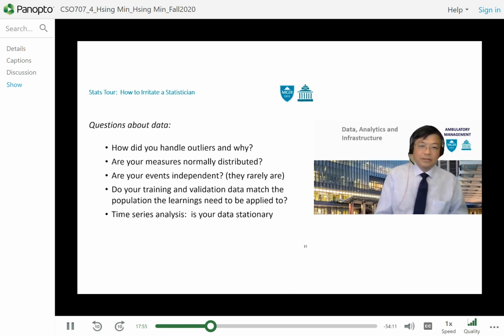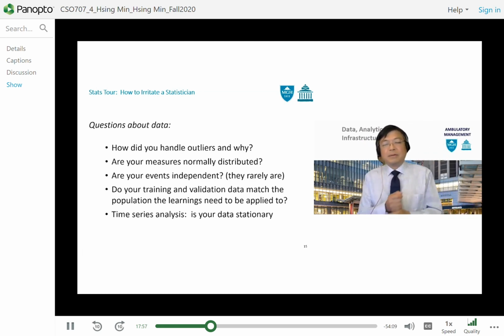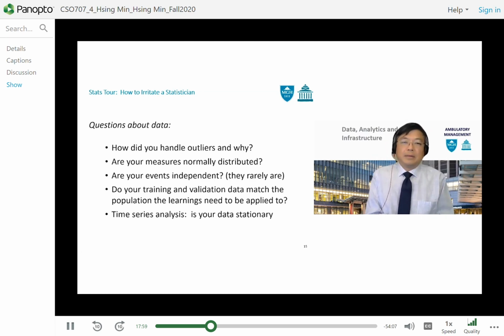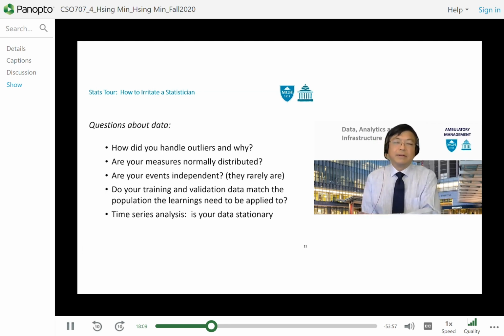We call that regime change. In other words, when you collected the data, was there a different culture? Were there regulatory changes? Were there changes in population preferences? All those things could make that study irrelevant to the future period you're going to apply results to.